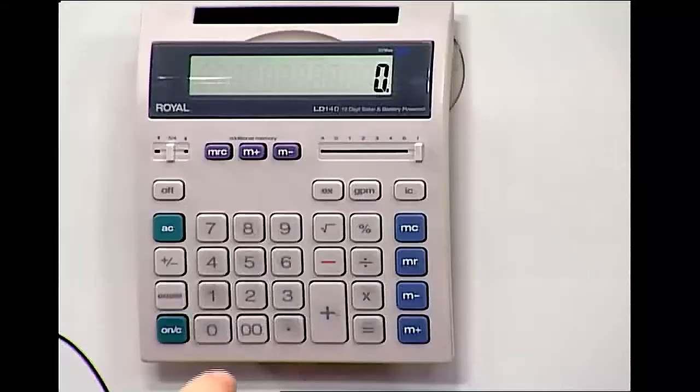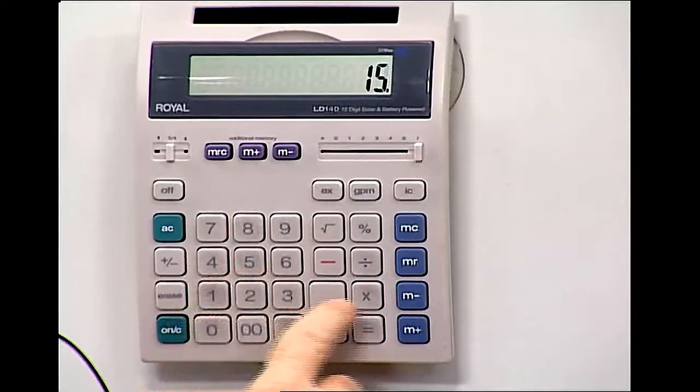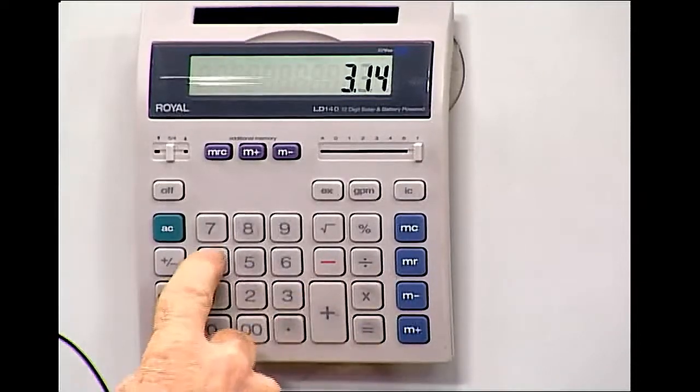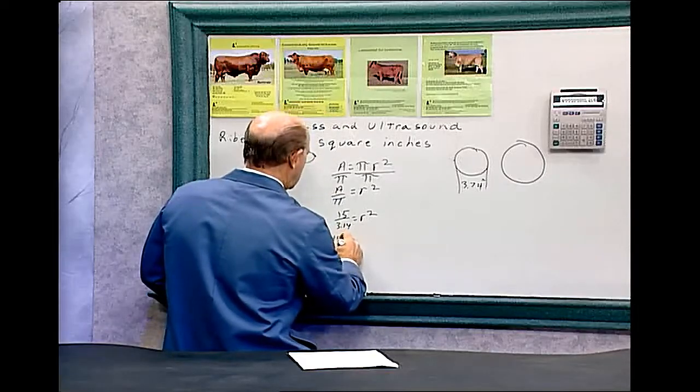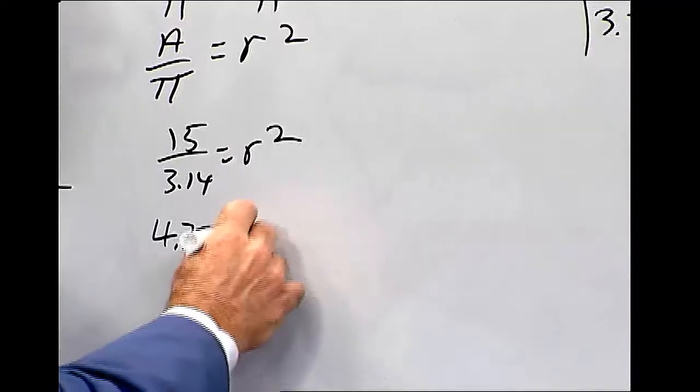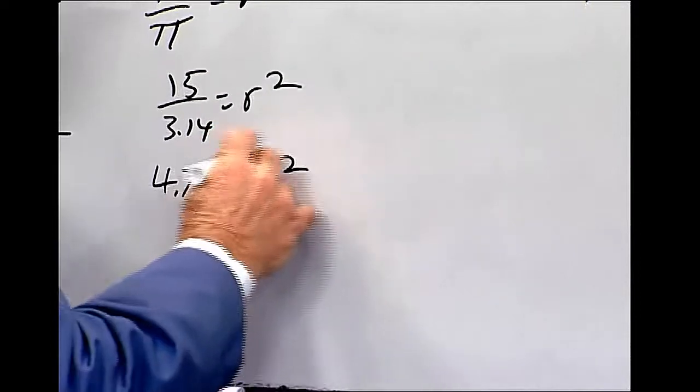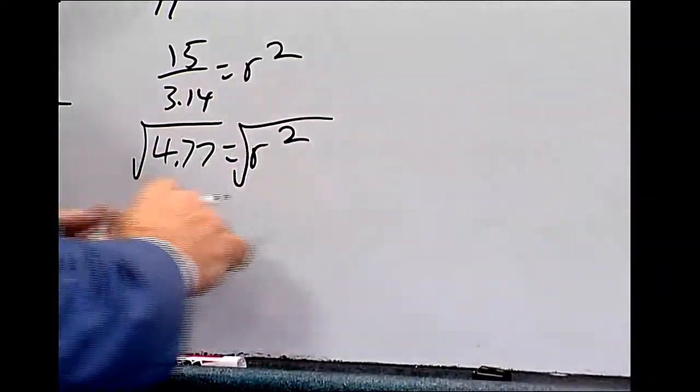Let's clear the calculator. That's 15 divided by 3.14 equals 4.77 equals radius squared. We find the square root for each side.